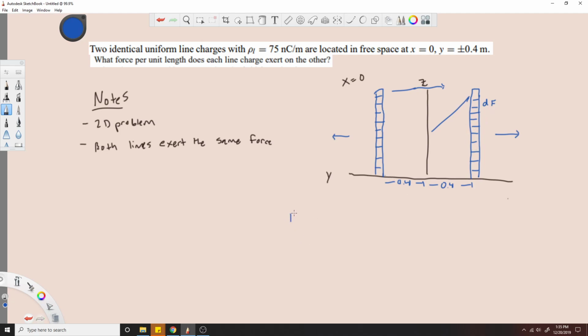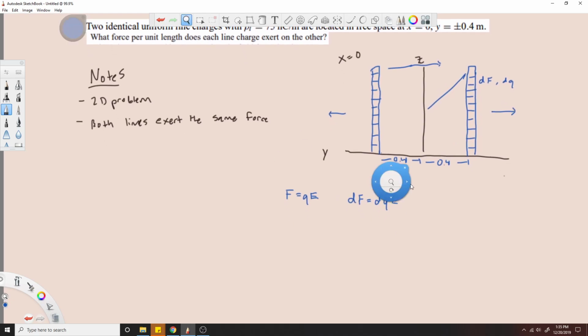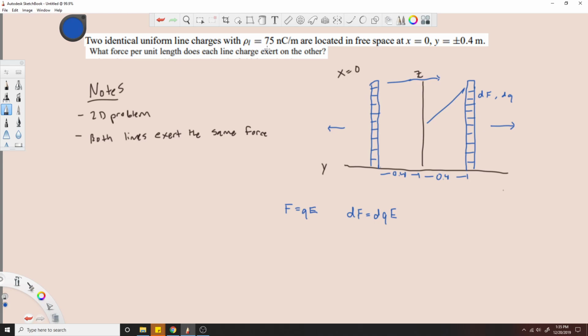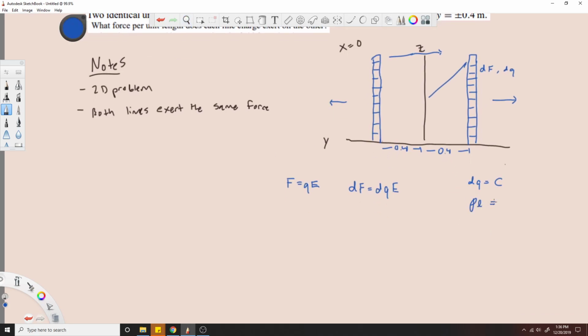Well, we know F equals QE, right? So dF would equal dQ E, because if Q is the charge of a whole object, dQ would be the smaller charge. So there you go, you have dF in terms of dQ E, but we have our lines in terms of rho L. So now we need to change dQ to something in terms of rho L and z. dQ is in terms of coulombs, and rho L is coulombs per meter.